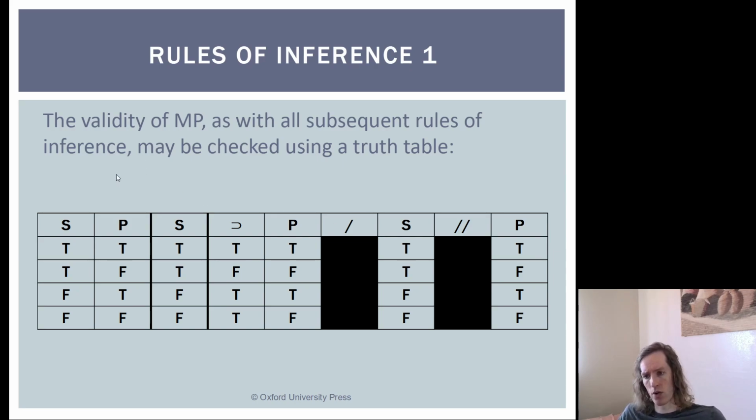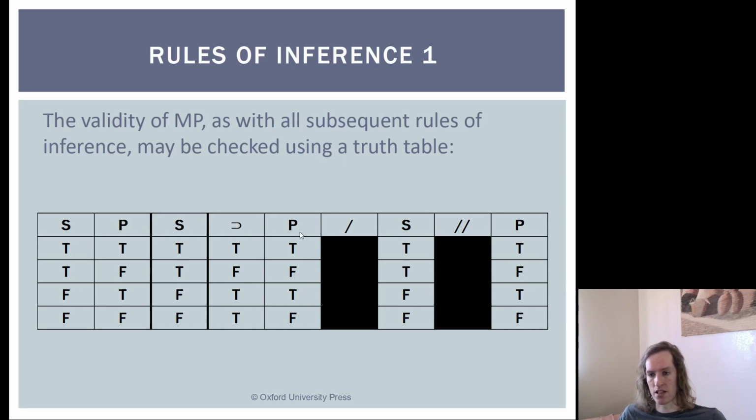Here we have our base columns with S and P. We have two variables, so we're going to have 4 rows. We can see that S is listed as true, true, false, false, and P is going to be true, false, true, false. Go ahead and fill in S and P everywhere.